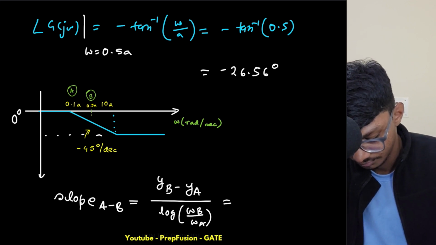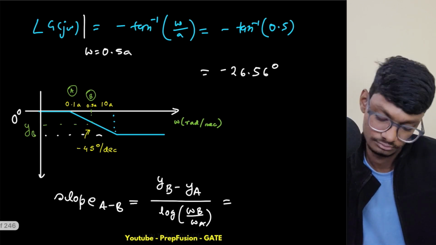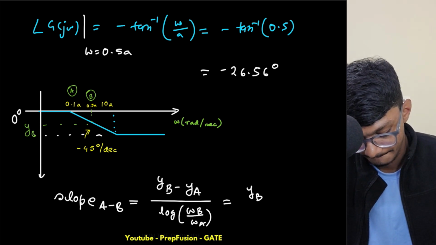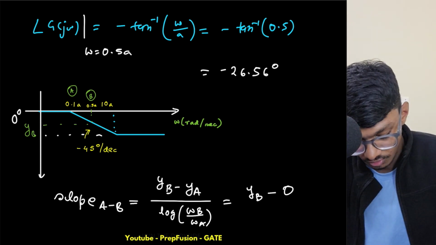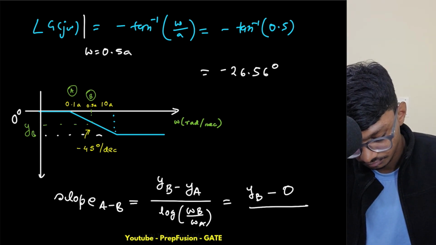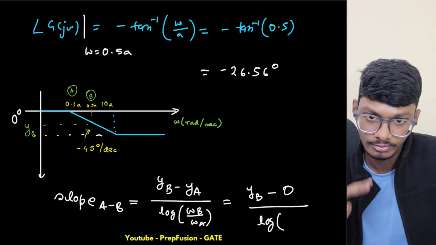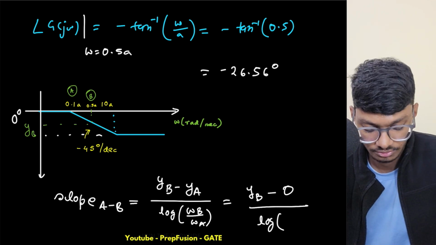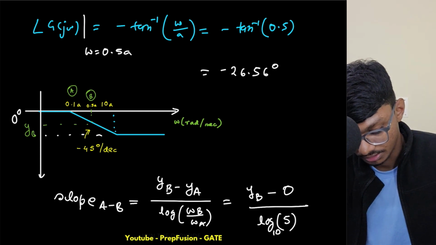So yb minus ya, where ya is 0, divided by log of 0.5a over 0.1a, which is log of 5 itself, base 10, and slope is minus 45.